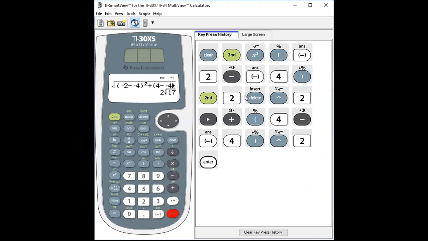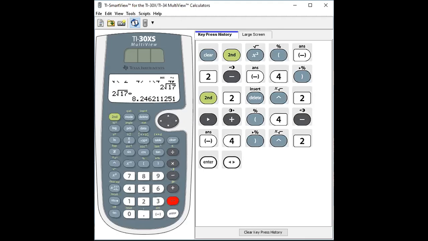Up arrow, skip these 3 in the middle there. 2 to get that exponent. Directional pad to the right, plus left parenthesis 4 minus -4, right parenthesis, up arrow 2, and hit enter. So the distance is 2 root 17. Now you push your switcheroozy button on here to change that to a decimal. So 2 root 17, or 8.25.